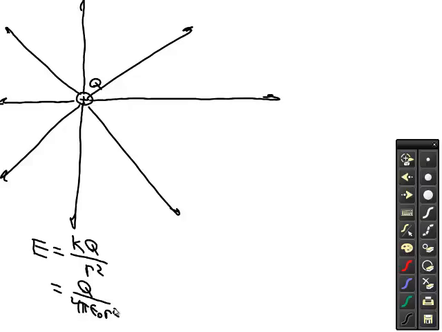And we say, okay, as we go further and further from this point charge, it decreases with R squared. So we can't use any shortcuts. And I could find out what the potential is, like right there, by setting up my integral and saying that the potential at infinity is 0.